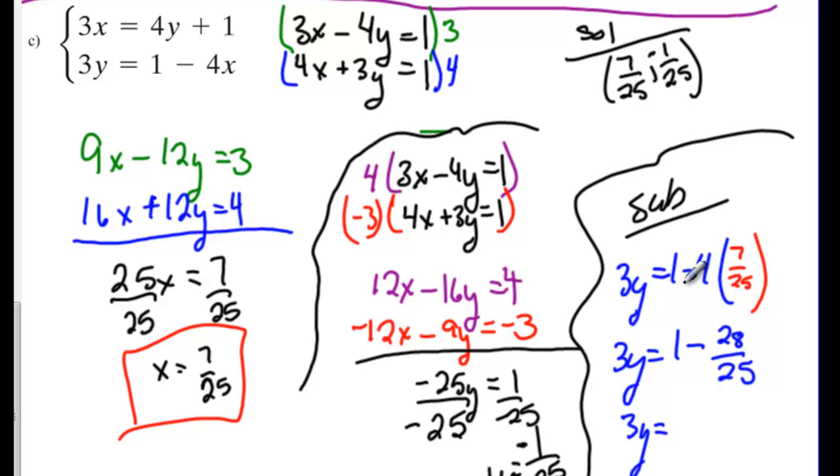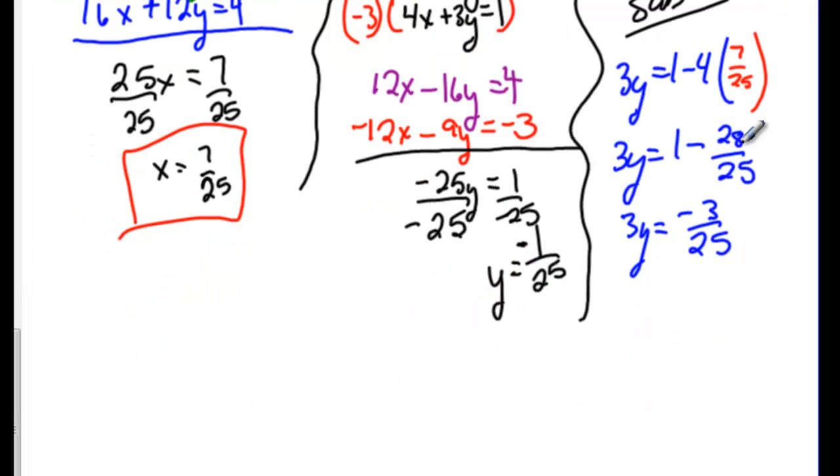1 is the same as 25/25, right? So 25/25 minus 28/25 is going to give us a negative 3/25. And then we have to divide both sides by 3. Instead of dividing by 3, I'm going to multiply by 1/3. It is the exact same thing.